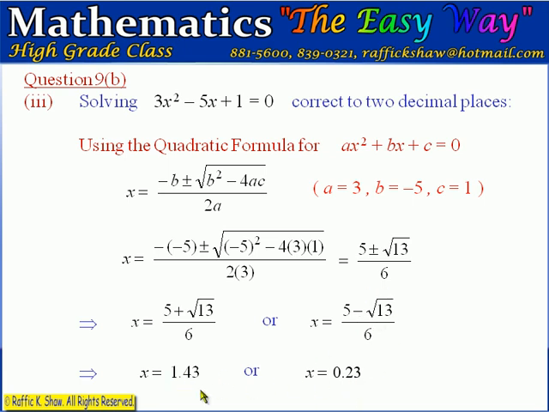And these are the two roots of this quadratic equation. And that's the answer for part 3 of question 9b. And so we have completed question 9, and we'll do question 10 in the next video. Alright, see you then.